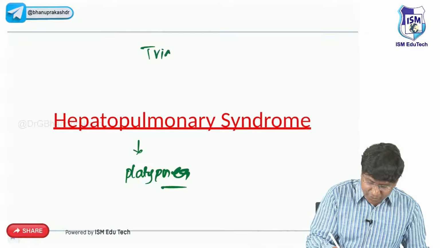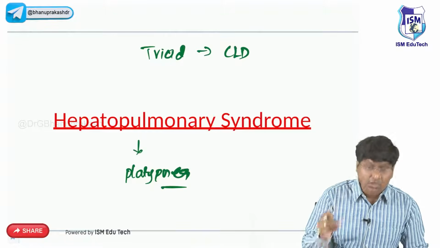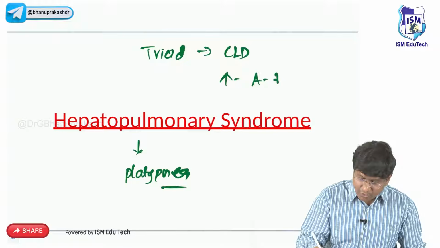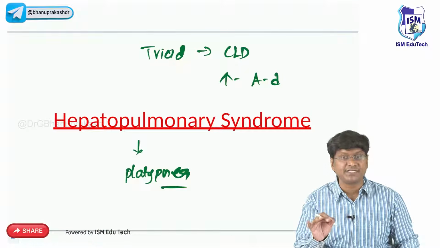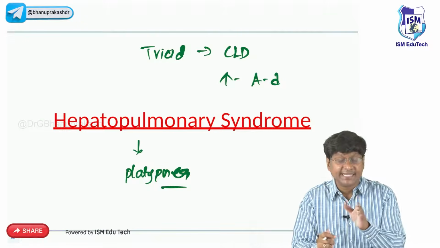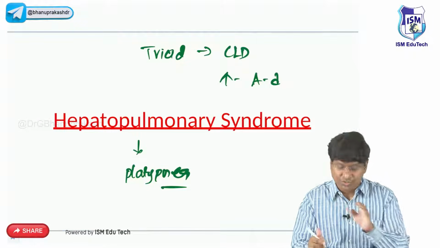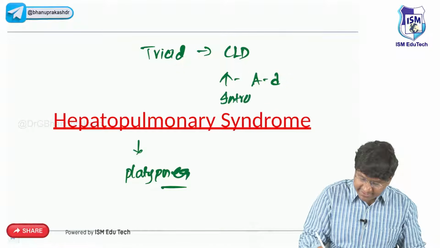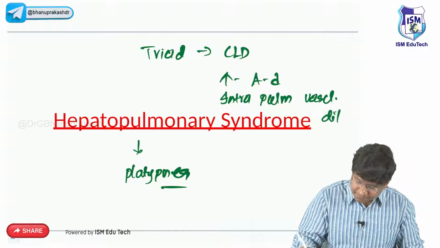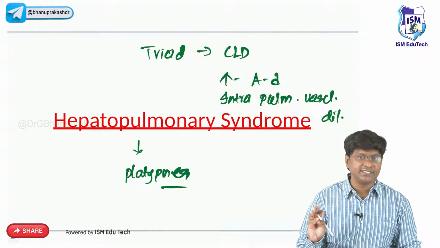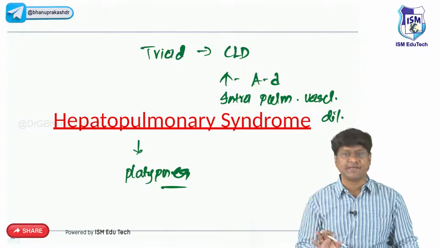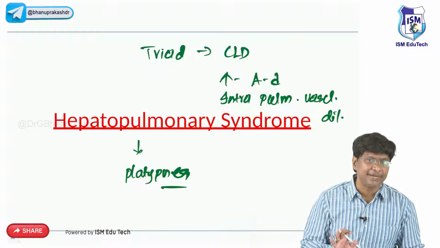The triad of hepatopulmonary syndrome is number 1, chronic liver disease, number 2, increased alveolo-arterial gradient while the patient is breathing room air, and third, intrapulmonary vascular dilatation. So this is the triad of the hepatopulmonary syndrome.